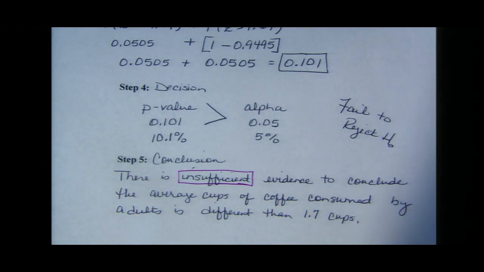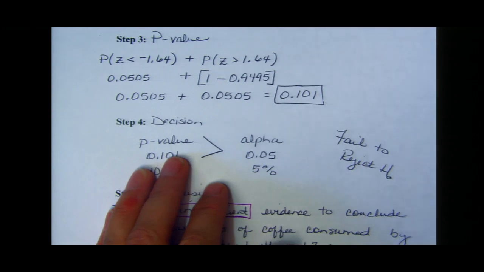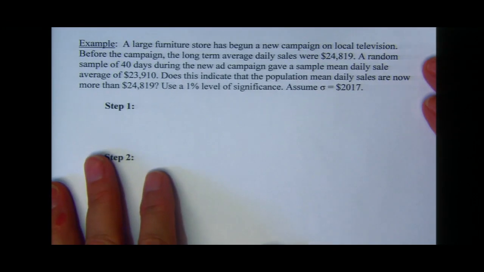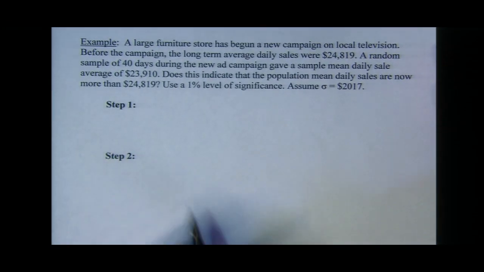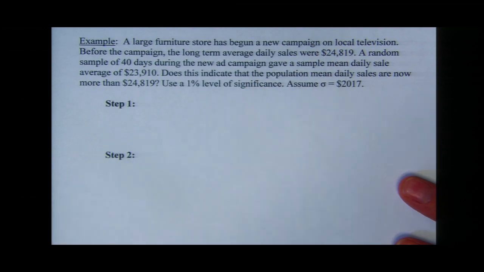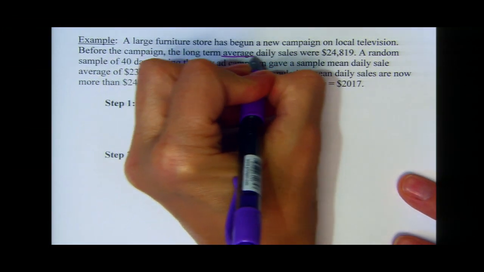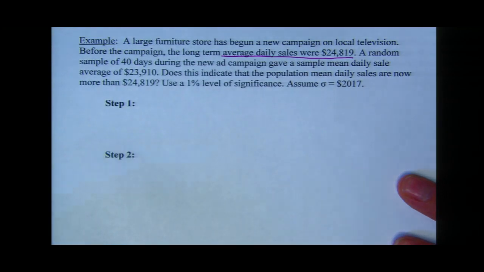Okay, one last example, and then hopefully you are getting a hang of this. A large furniture store has begun a new campaign on local television. Before the campaign, the long-term average daily sales were, so I see this, that's going to help me set up my hypotheses.